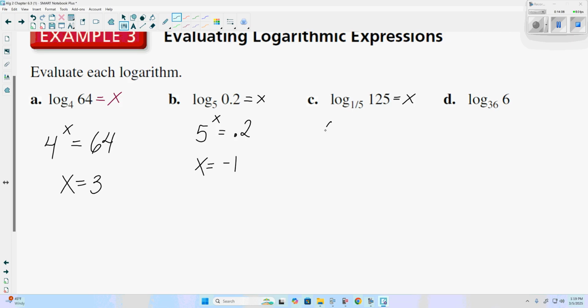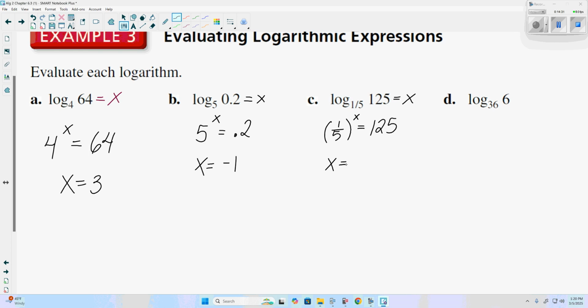Now the next one would be 1/5 to the x equals 125. If y'all were to guess, what do you think this would be?